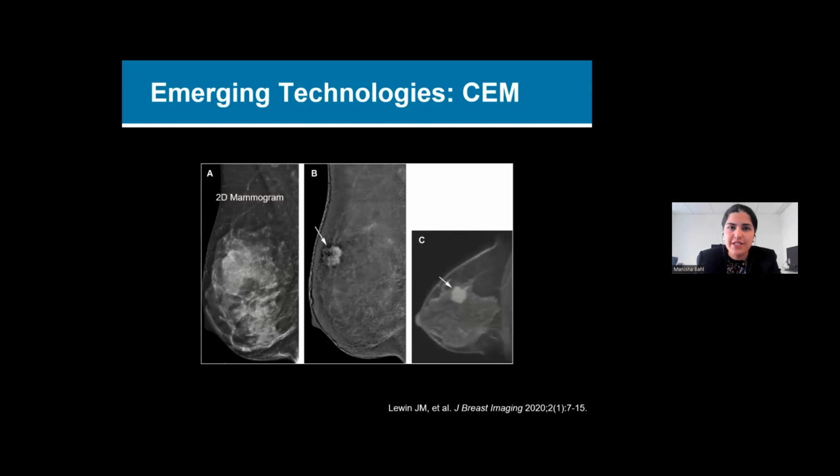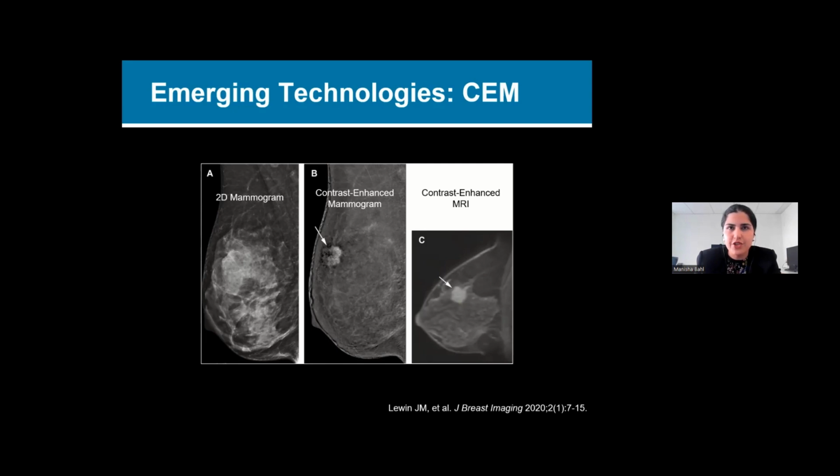This first image is a conventional 2D mammogram showing dense breast tissue. The second image is a contrast-enhanced mammogram, which shows an enhancing mass that proved to be a breast cancer. This mass, this cancer, is much better seen on the contrast-enhanced mammogram and the contrast-enhanced MRI compared to the 2D mammogram.